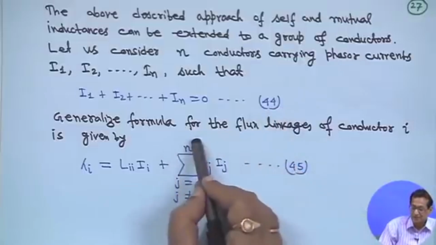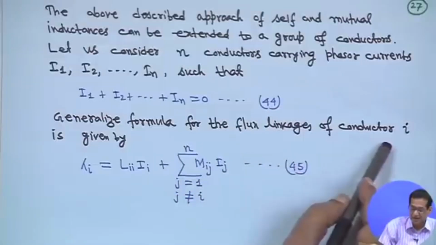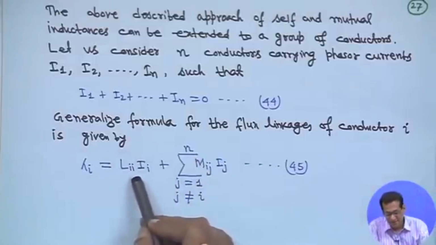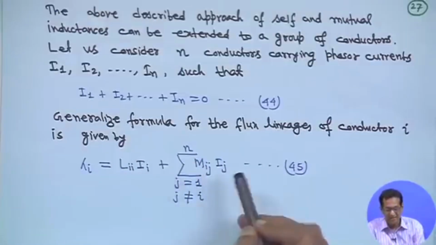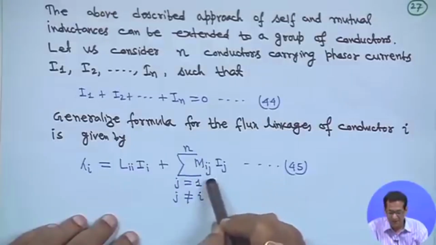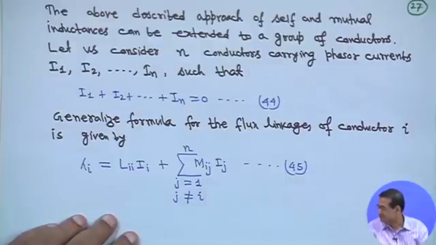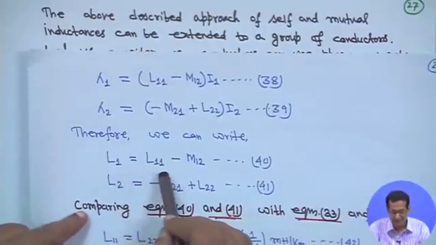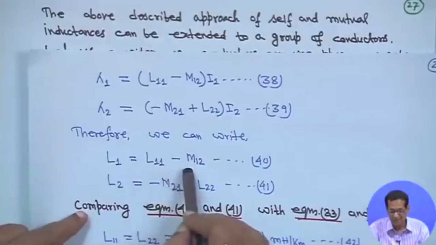So, the generalized formula for the flux linkage of conductor I is given by lambda I is equal to capital LII Ii plus the sum over j is equal to 1 to n, j not equal to I, of Mij Ij. This is equation 45, right. Look, here we have written only for two conductors, L1 is equal to L11 minus M12.